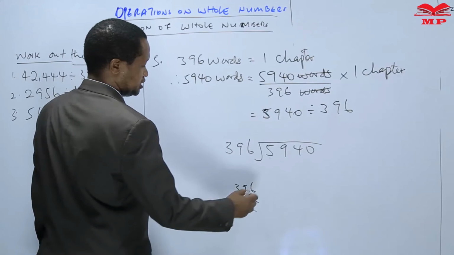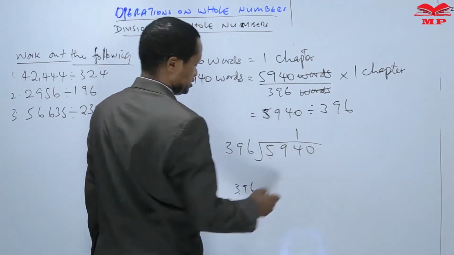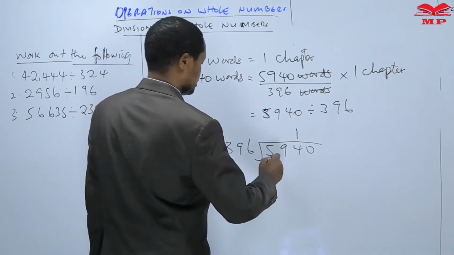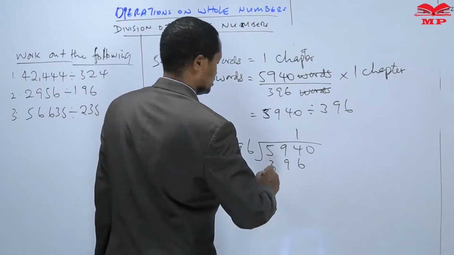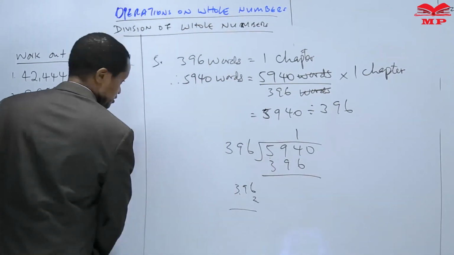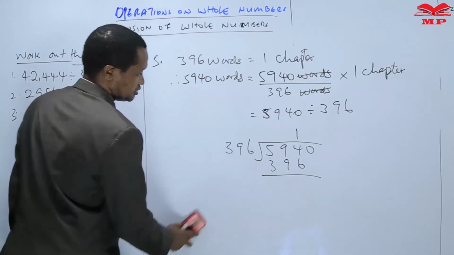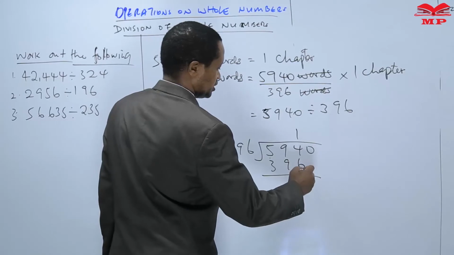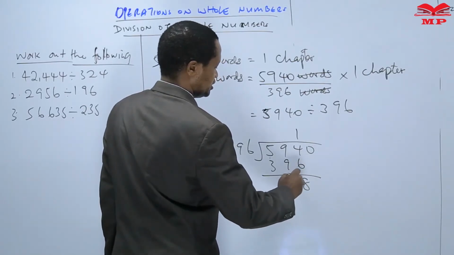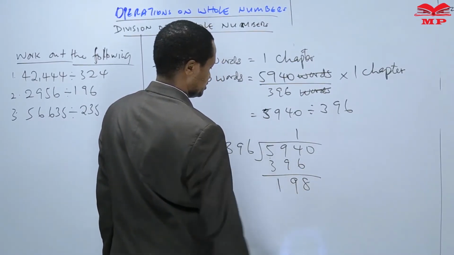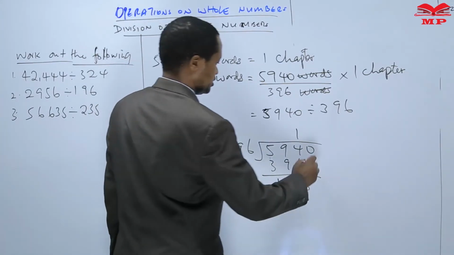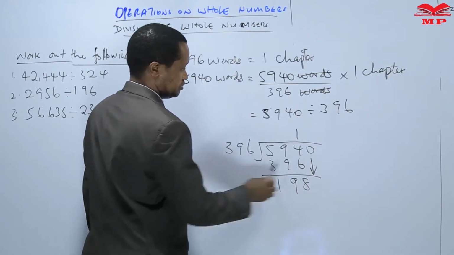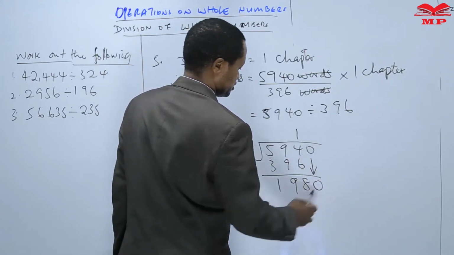So the number here is 1. 396 goes into 594 once, so we'll have 396 here minus, you have 198. Bring down the 0, because this number is less than this.